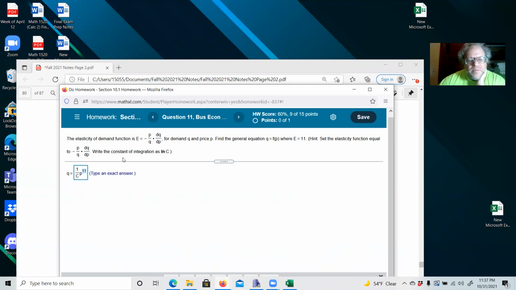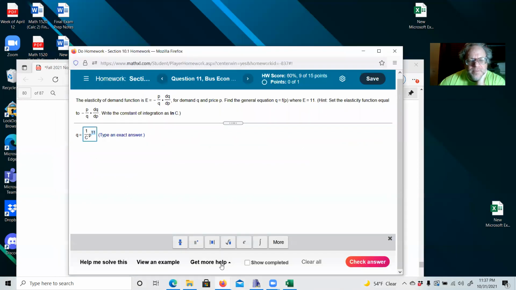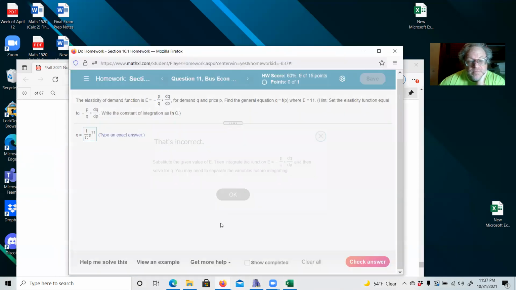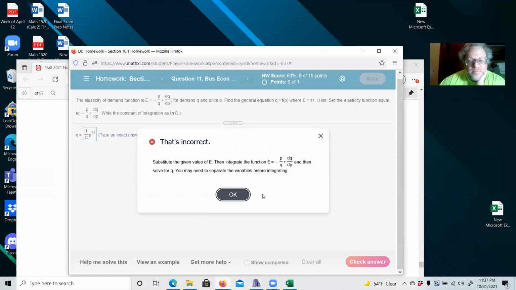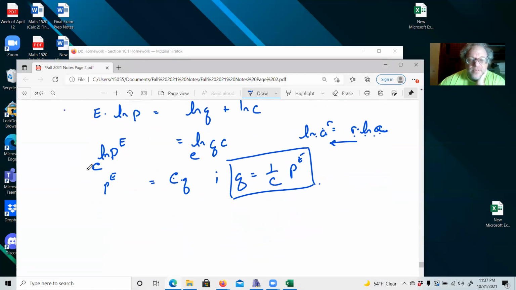They didn't give me enough information for figuring out C here, so I think we're stuck with this. I hope that is incorrect. I forgot a negative sign. Okay. Let's go back and fix this.